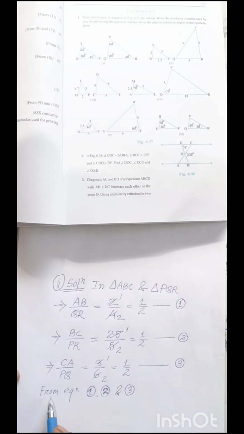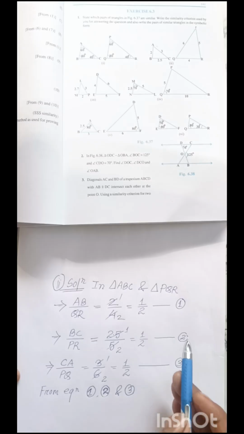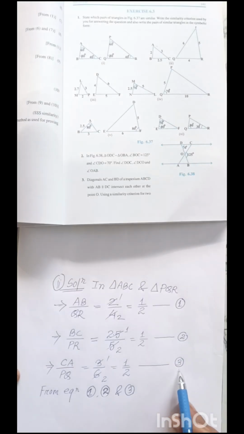So now I can write from equations 1, 2 and 3 that I have got the same ratio: AB by QR equal to 1 by 2, BC by PR equal to 1 by 2, CA by PQ equal to 1 by 2.